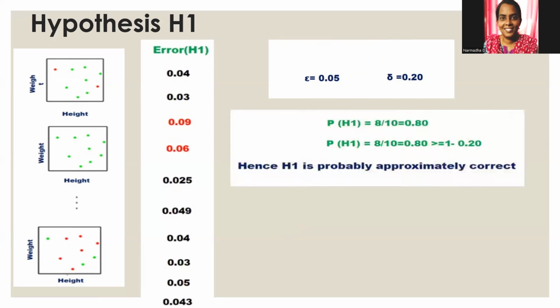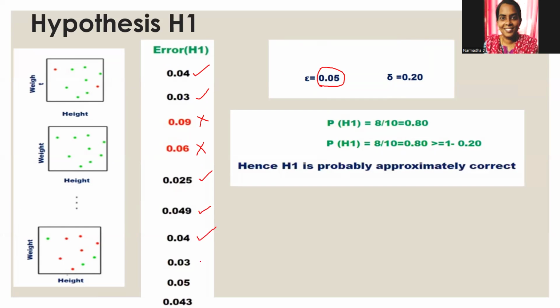According to the formula, first we need to calculate the probability of H1. If you take the first instance, 0.03 is less than the error limit 0.05, and 0.03 is also less. But 0.9, we see that the error is too great, and 0.06 and 0.025 are less than the given error limit.